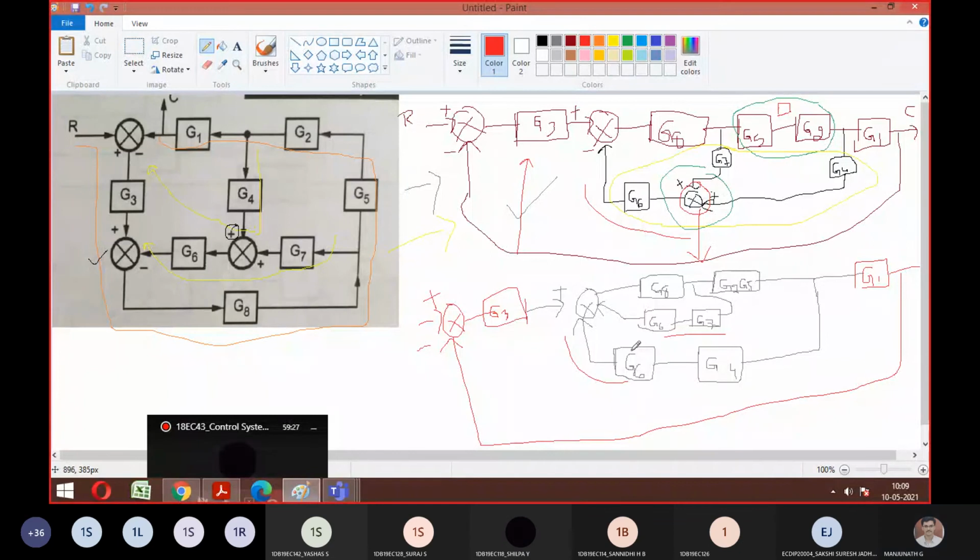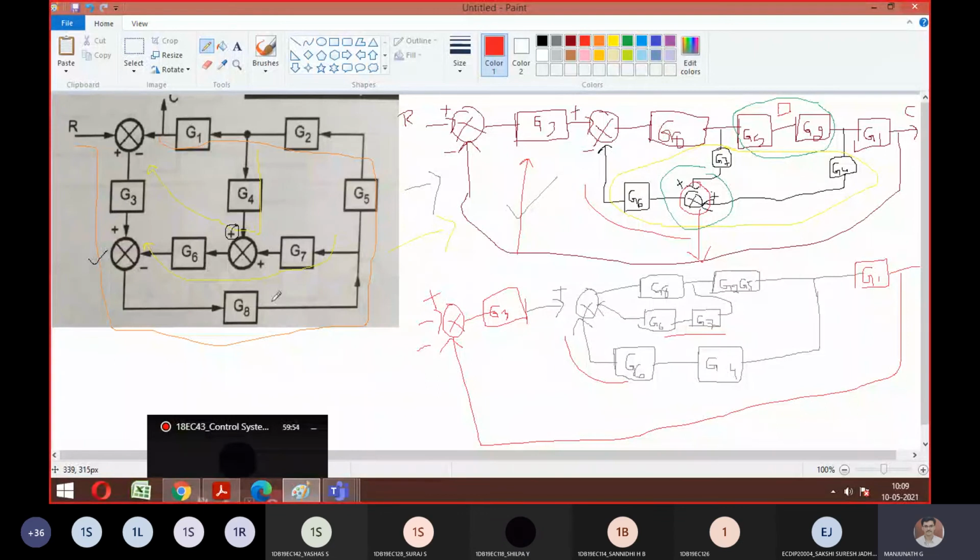Shall I move on? Okay, now you can make this G6 and G7 as one, which is going to be in series. Then with that combination, you can do the elimination of this. So what is the answer? Let me remove this question here.